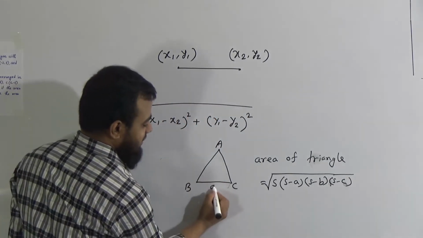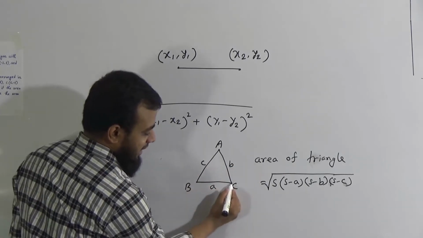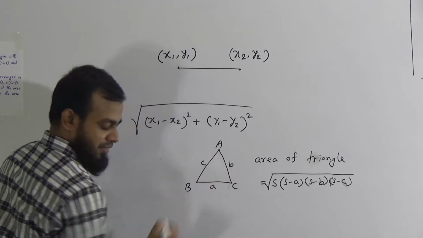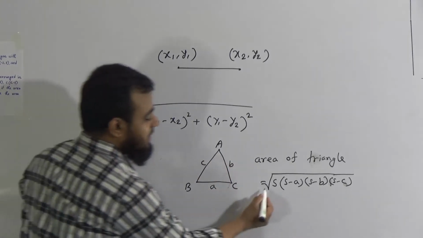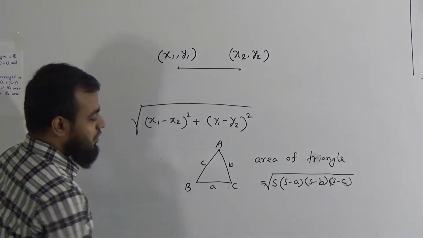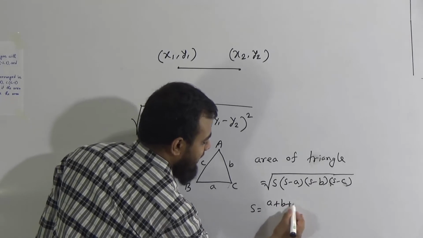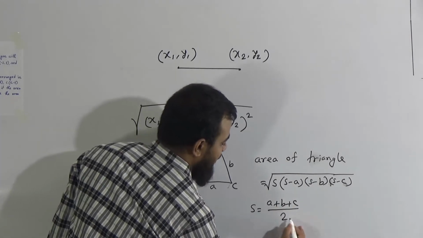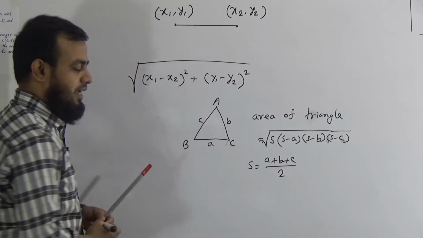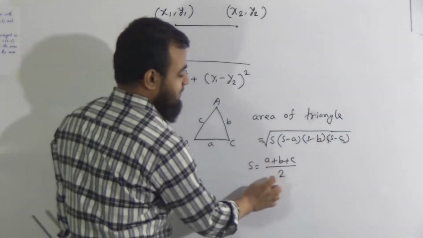That means this is a, this is b, this is c. And s is what? s is the half of the perimeter of this triangle. Perimeter means a plus b plus c, so s is a plus b plus c by 2.